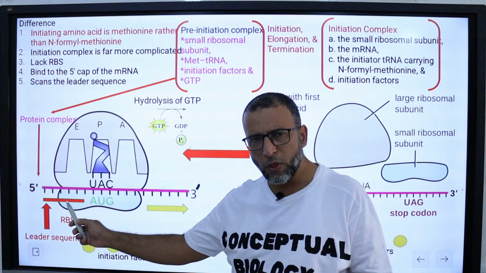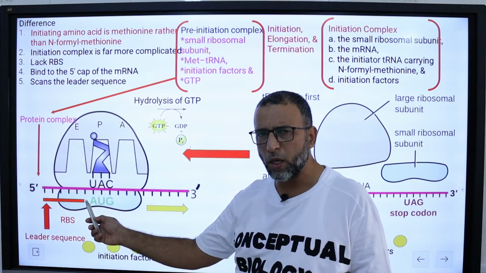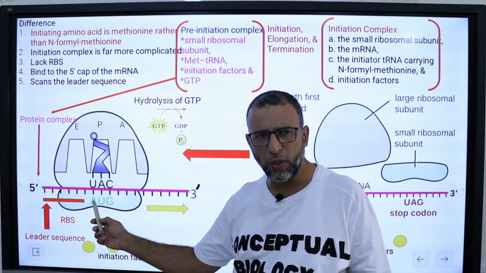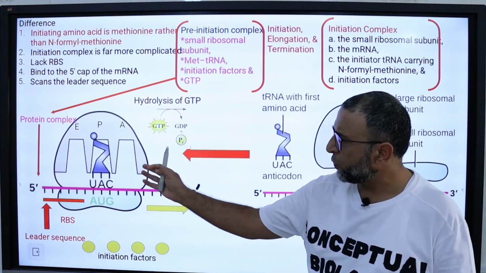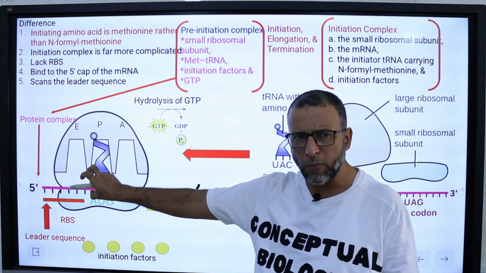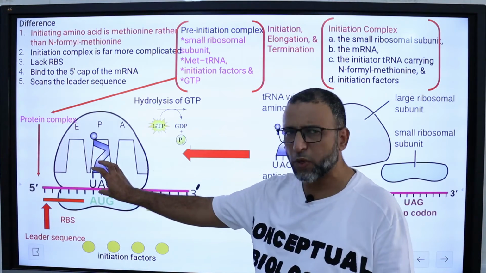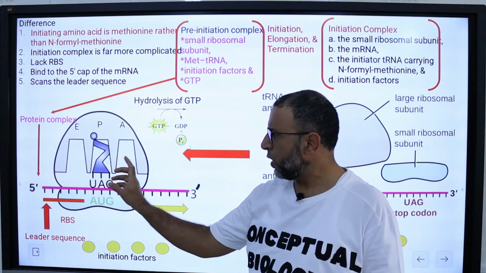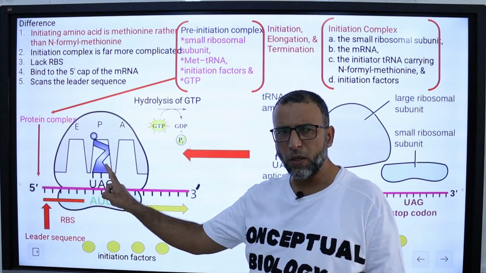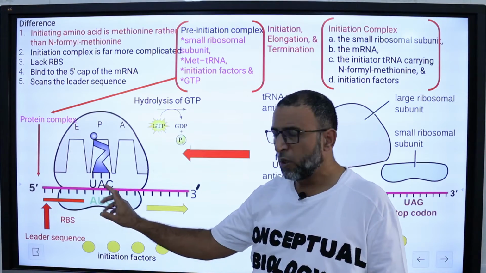This ribosome-binding sequence is complementary to ribosomal RNA present in the small ribosomal subunit. Then the 50S subunit binds, forming an intact ribosome, and translation can begin. With the formation of the complete ribosome, the initiator tRNA is bound to the P site, with the A site empty.